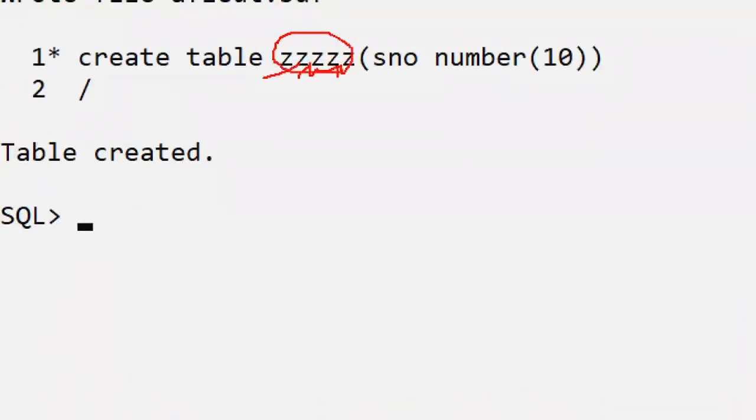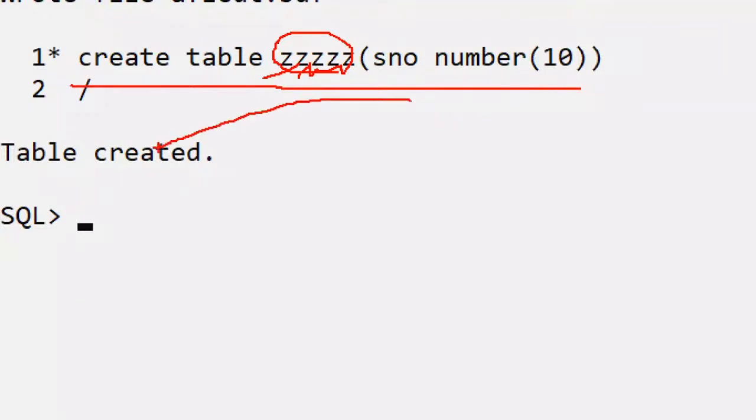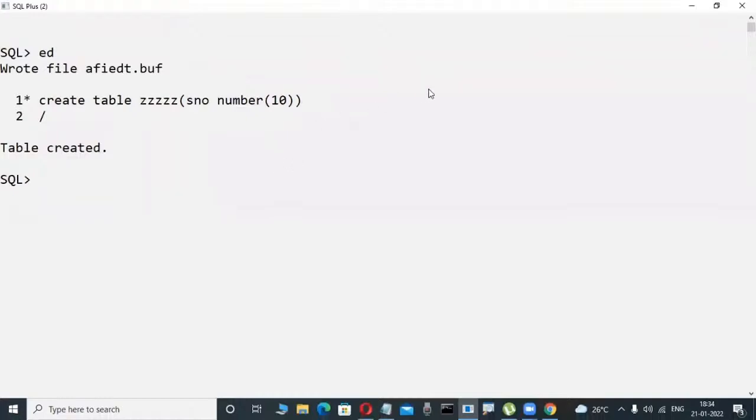Z is the name I am giving. The table I'm creating is only in my Oracle database, or SQL Server database, or MySQL database. I'm creating a table. Okay, fine. The table is created. Slowly observe it here.